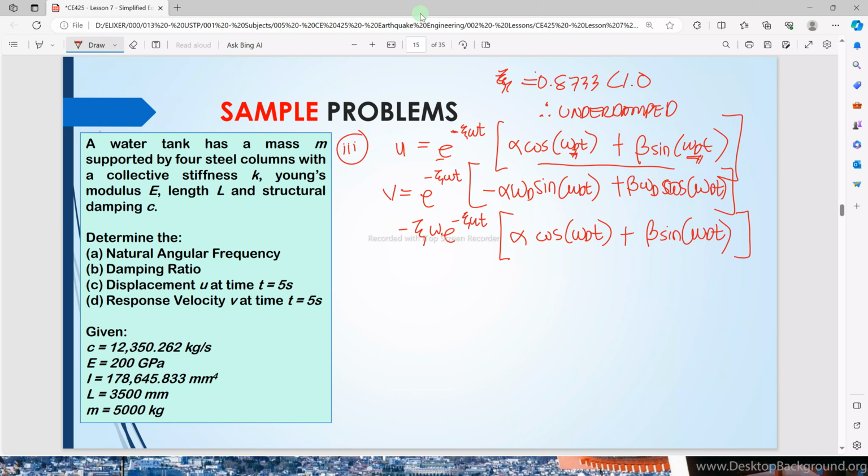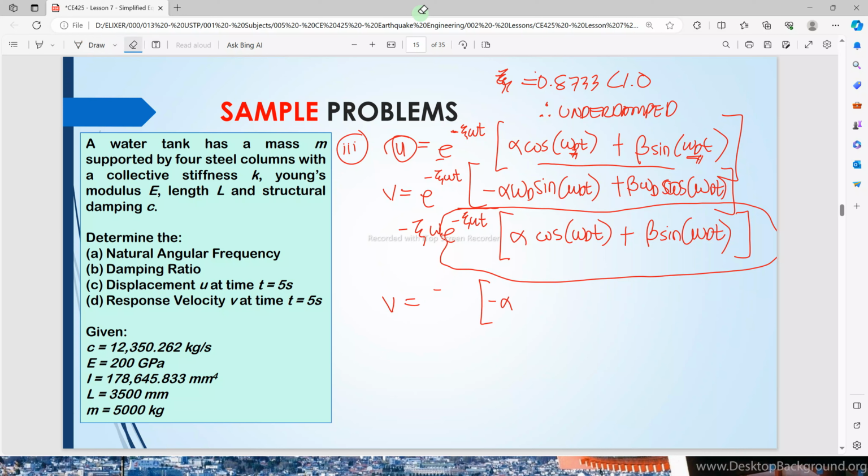If you notice, this part here is just equal to u. So for the velocity, we can rewrite that as e to the negative psi omega t times negative alpha. We can factor out omega d to make it clearer.